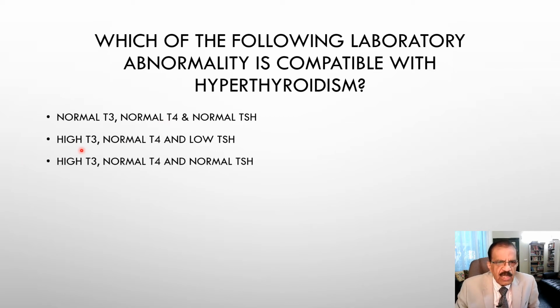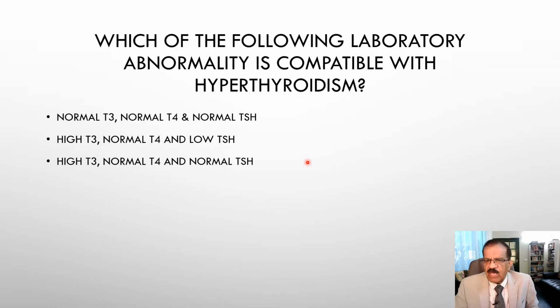High T3, normal T4 and low TSH. So thyroxine is actually T4, that is normal, but T3 is high and TSH is slightly reduced. And third possibility is high T3, normal T4 and normal TSH.